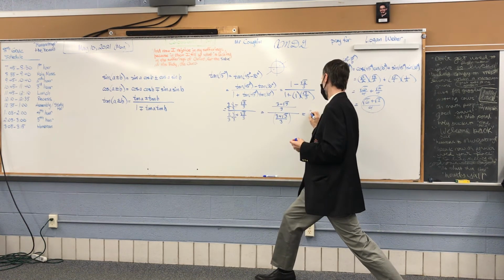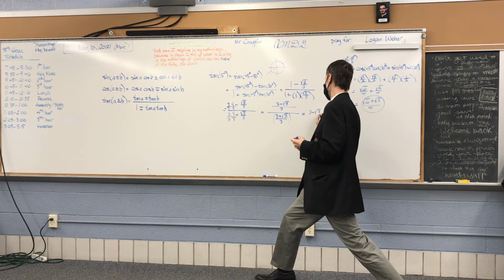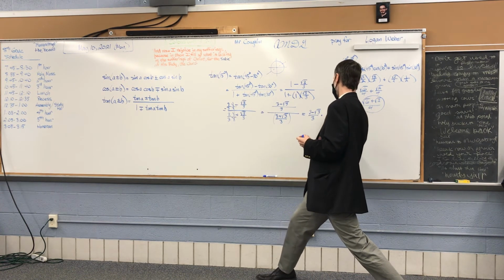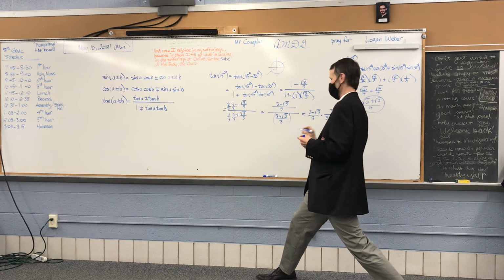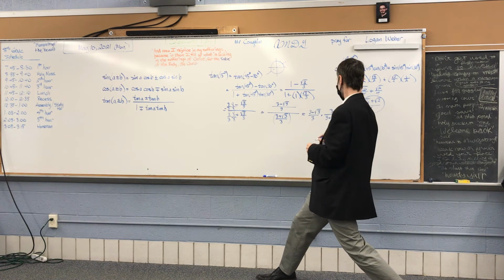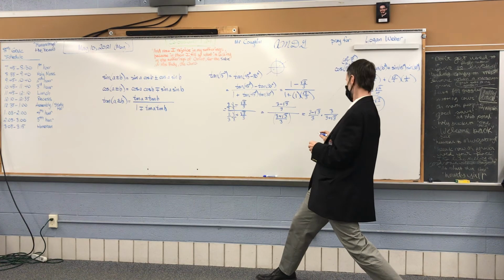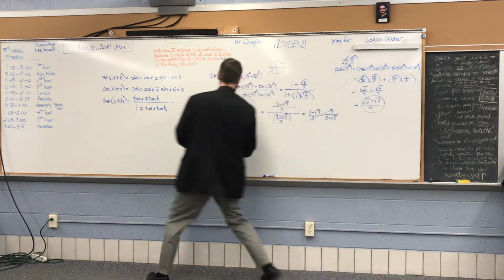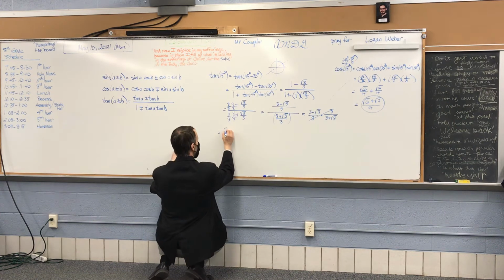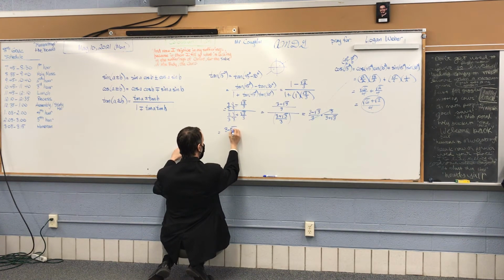So 3 minus radical 3 over 3, times 3. The 3s cancel. What are you left with? So it's 3 minus radical 3 over 3 plus 1.